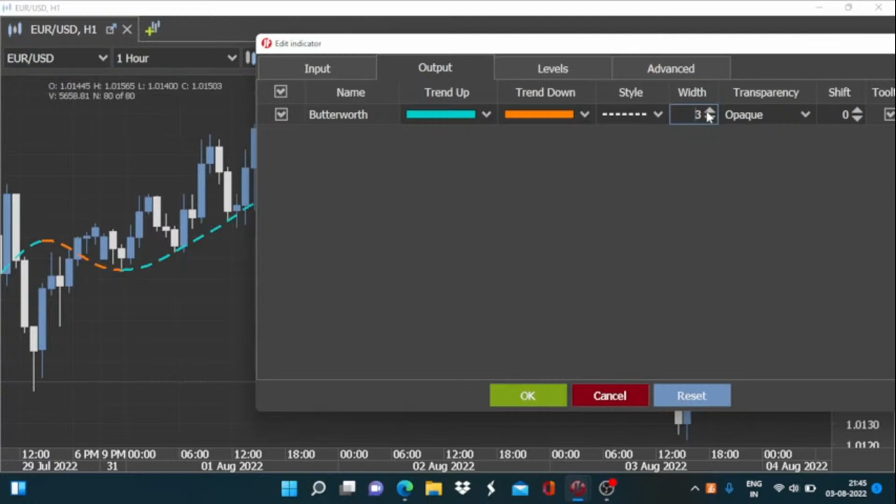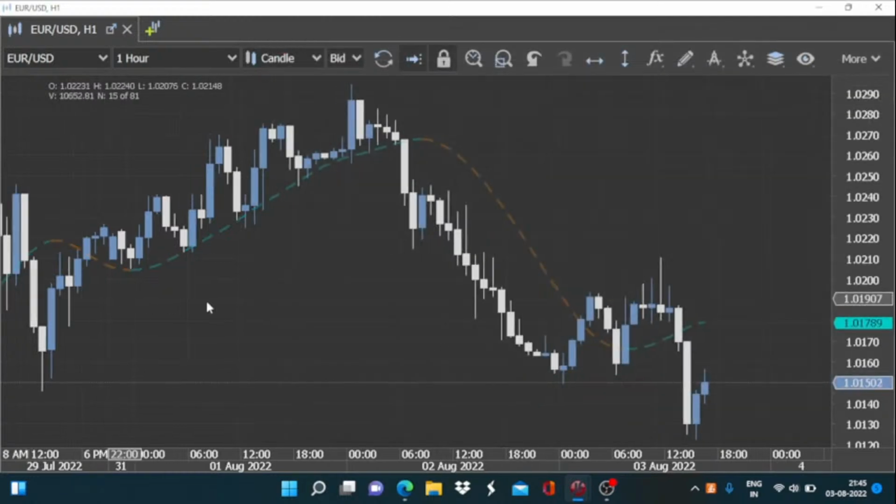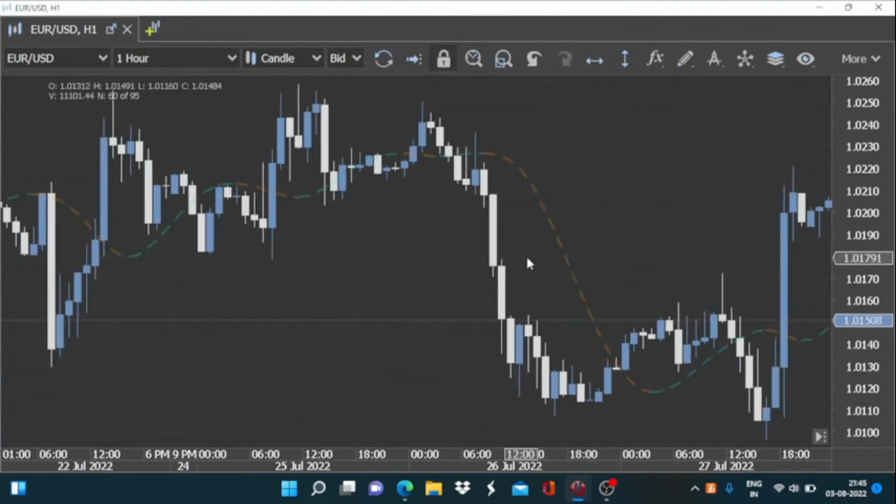You don't really have to pay that close attention, and you can also have these transparency values determined and defined. So if you are plotting multiple indicators, then you can opt for the lower transparency setting, and you will have all these indicators on the chart, but it will be in the background.